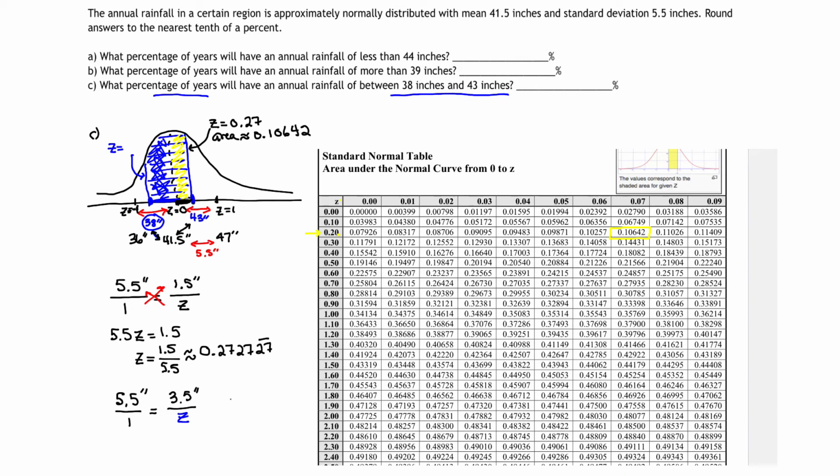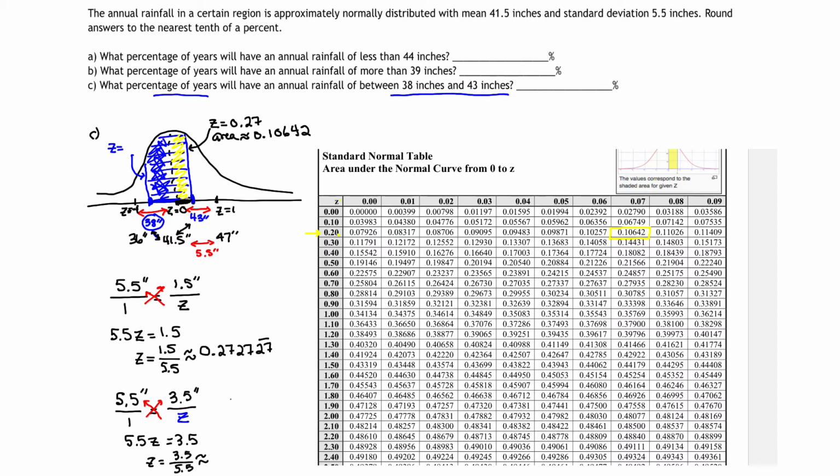So now we're trying to figure out what this is. Again, a simple proportion, so we'll cross multiply and divide. That tells me that 5.5z is 3.5, or that z is 3.5 divided by 5.5.